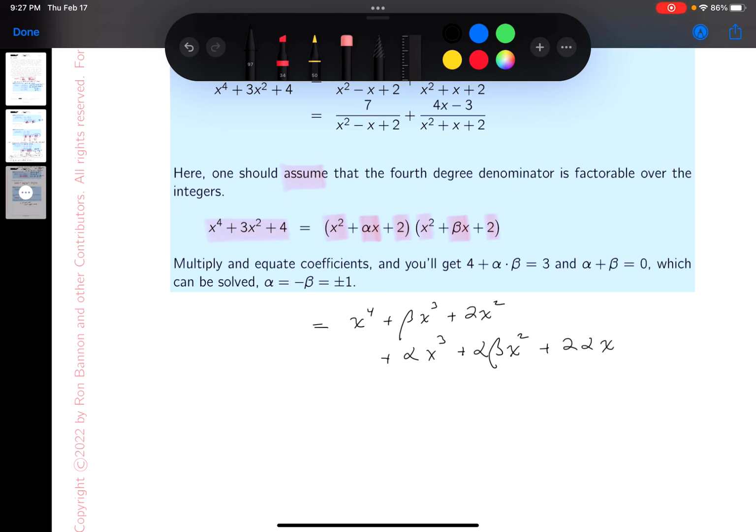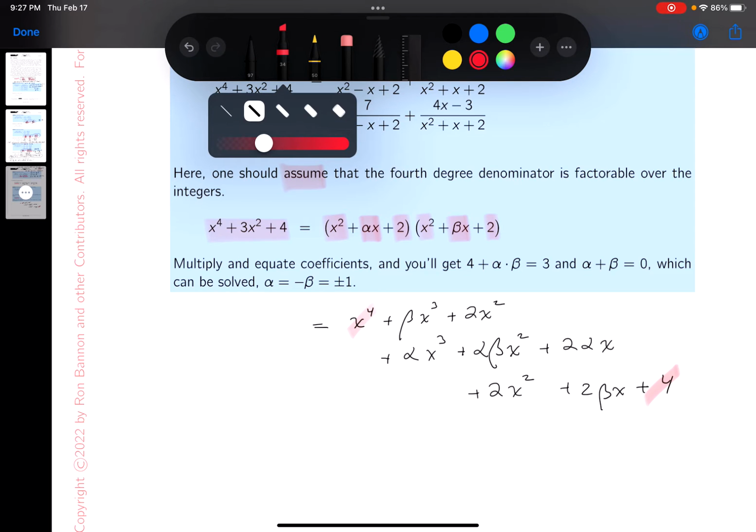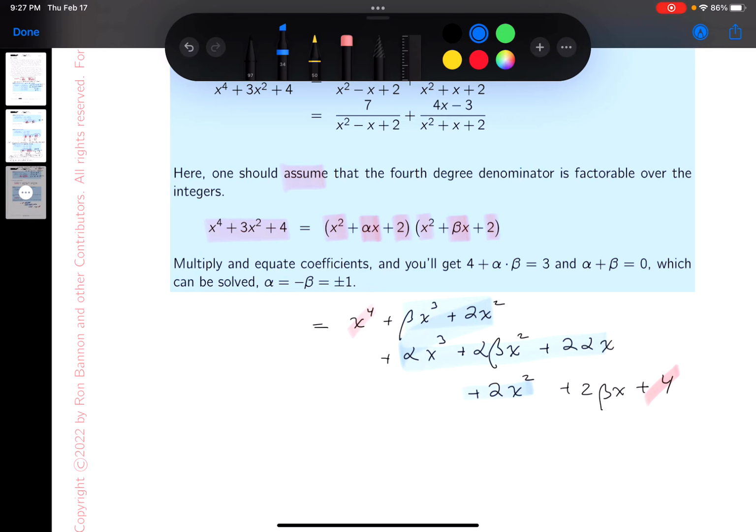Don't despair yet. Plus 2x squared plus 2 beta x plus 4. I knew I was going to get this. It's the middle part, and I want to point out what the middle part has to be. Let me get this in blue. This entire middle part here must be equal to 3x squared.